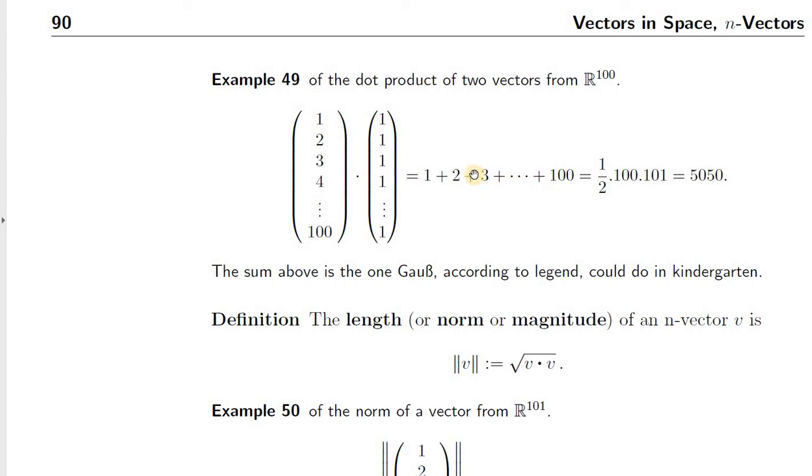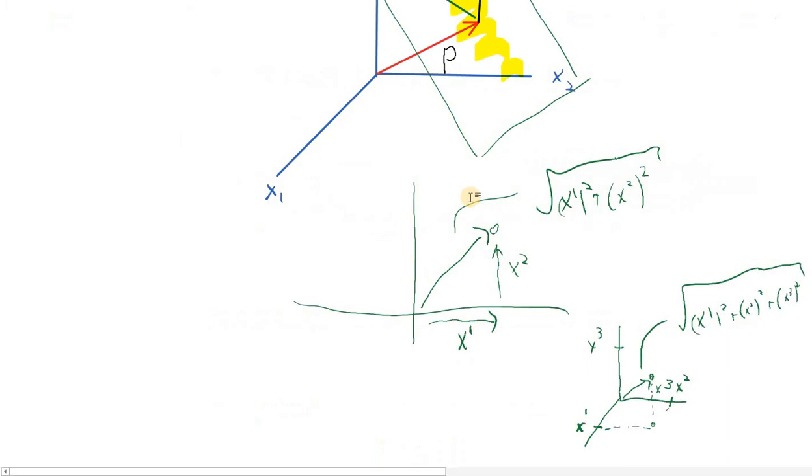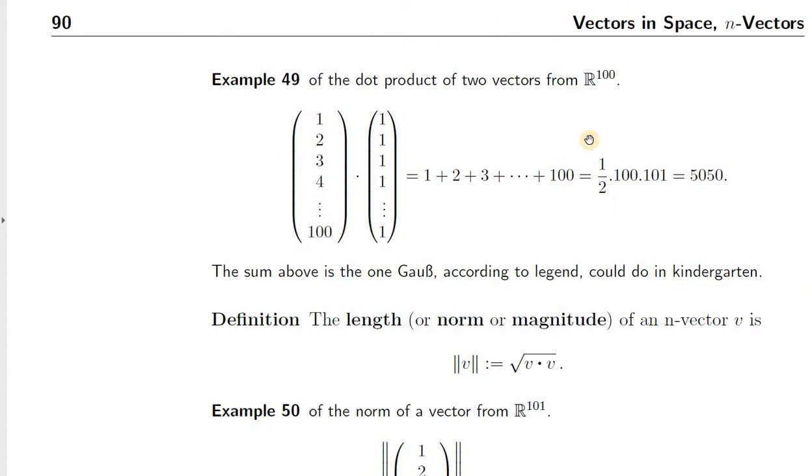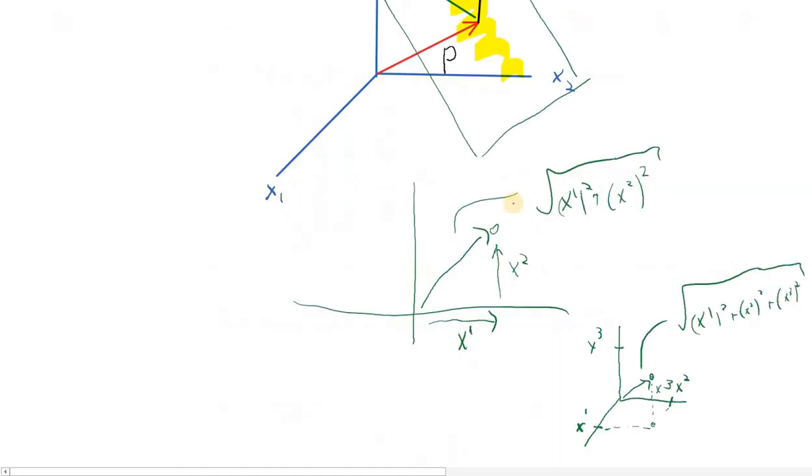Now we have this notion of length here, x1 squared plus x2 squared plus x3 squared. That's the same as x1 times x1 plus x2 times x2 plus x3 times x3. Let me write that out to make it more clear: x1 times x1 plus x2 times x2 plus x3 times x3.